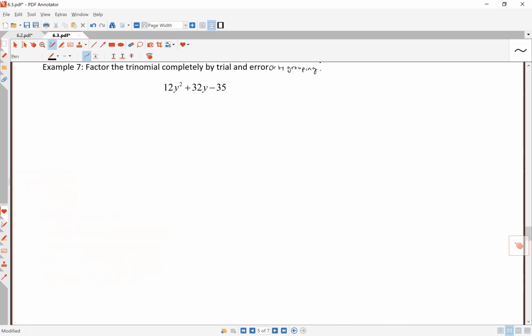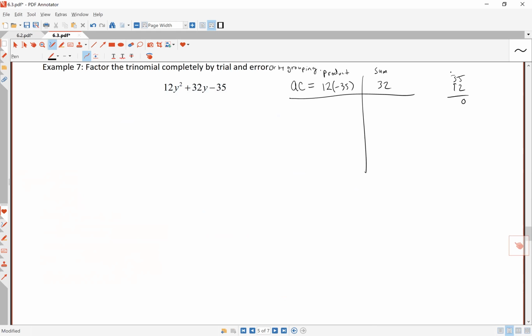So I would rather use grouping. The grouping method, also known as the AC method, we take A times C, which is 12 times negative 35. Product of two numbers that adds or sums to B, which is 32.